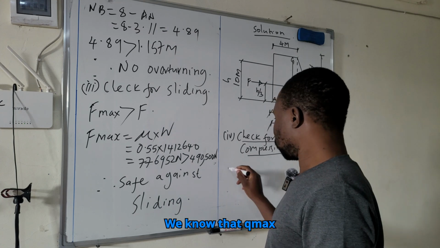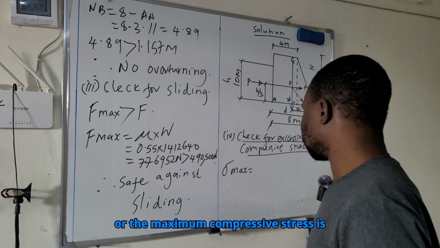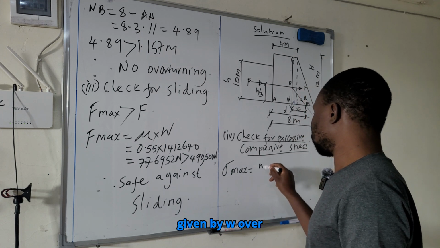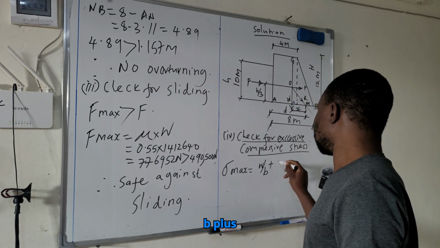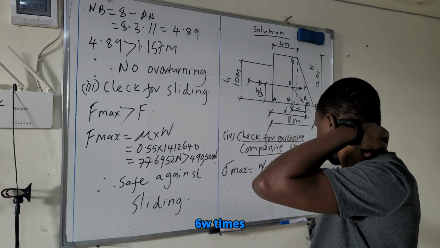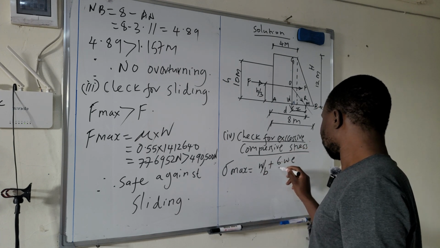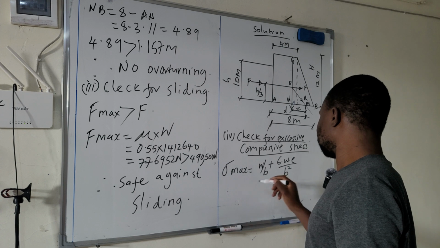We know that Q max, or the maximum compressive stress, is given by W over B plus 6W times eccentricity over B square.